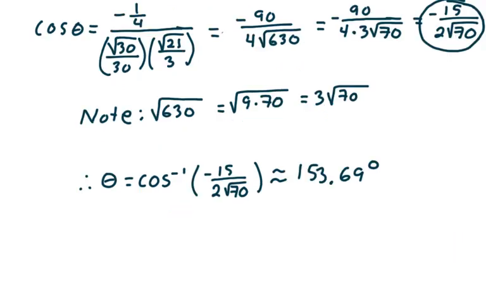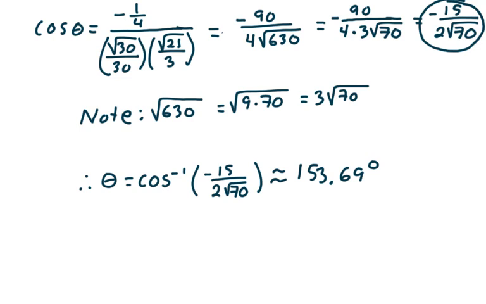Now I can put everything together. So cosine of theta is negative 1/4 divided by square root of 30 over 30 times the square root of 21 over 3. And I did a bit of simplification, and I got negative 15 divided by 2 times the square root of 70. Okay?